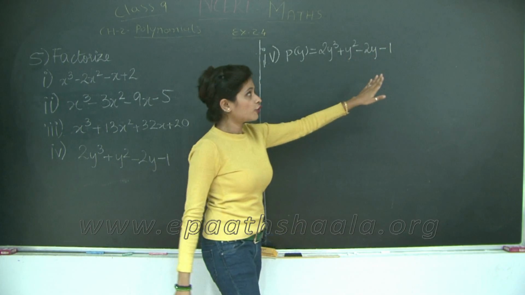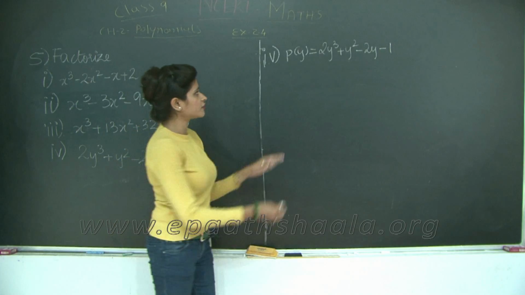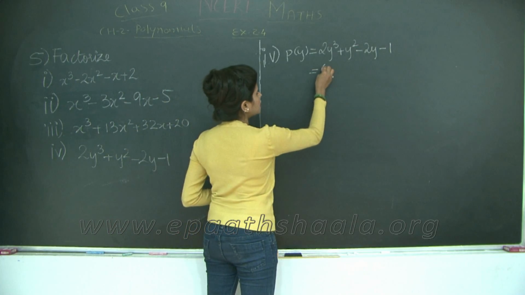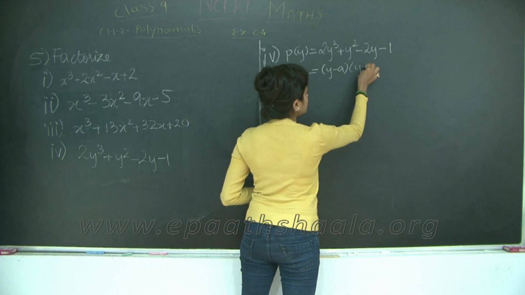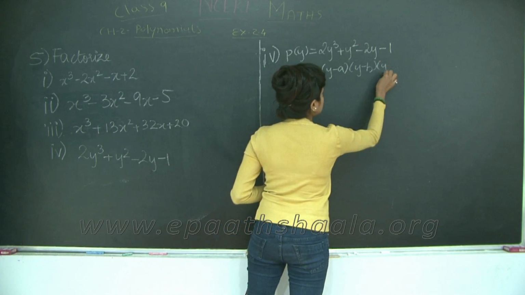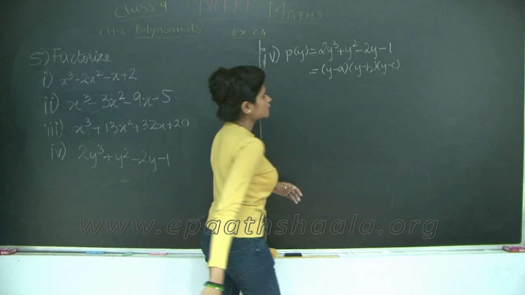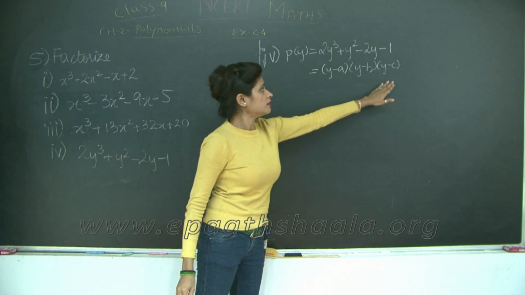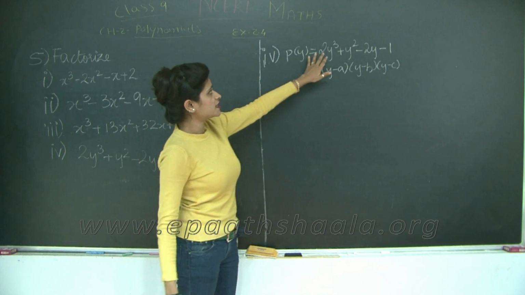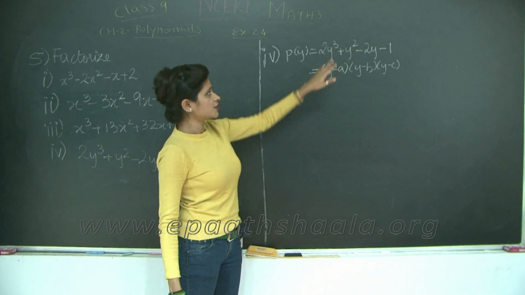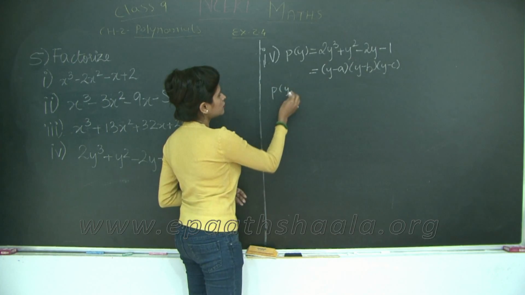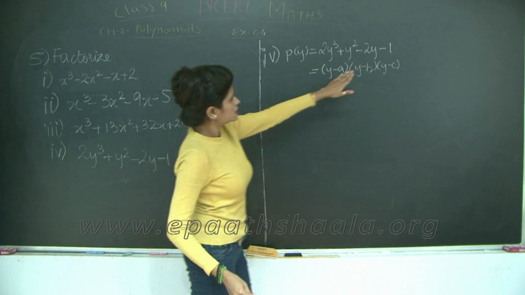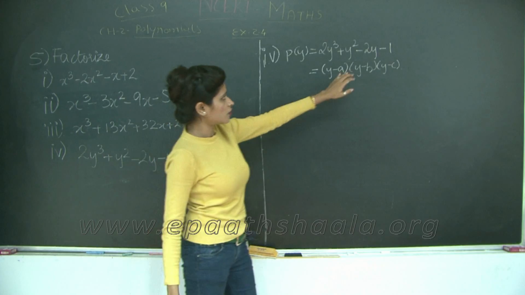This is a cubic polynomial, therefore again it will have three roots, which can be written as (y minus a) into (y minus b) into (y minus c), right, where a, b, c are real numbers. Now you see that you have a coefficient here, so you will have to rewrite p(y), or you can just take minus 1 as the constant.